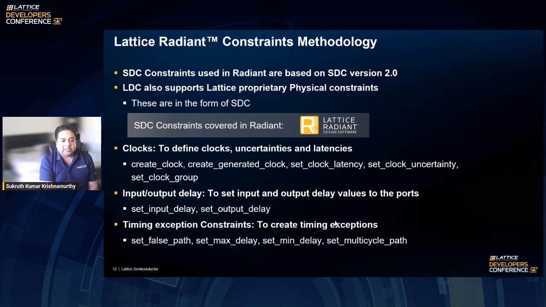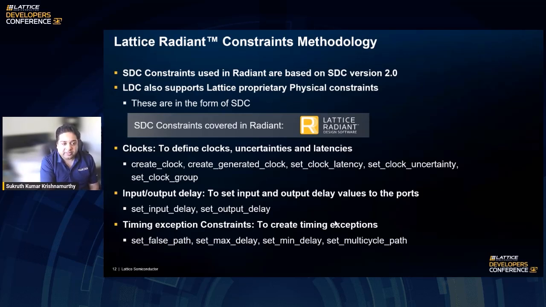Some of the constraints that are covered in Radiant SDC are clocks. These are used to define clock constraints, uncertainties, and latencies. These constraints include create_clock, create_generated_clock, set_clock_latency, set_clock_uncertainty, and set_clock_groups.